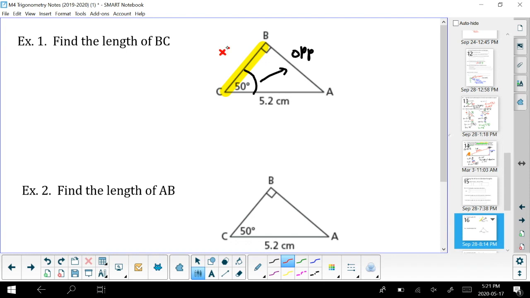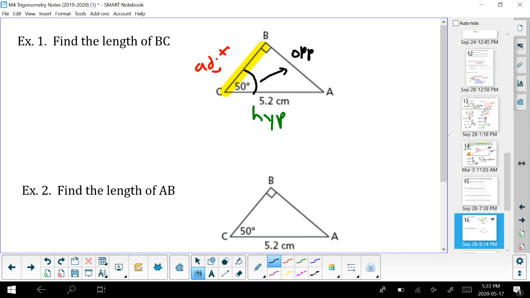Now, since I've already labeled my opposite side, let's label the hypotenuse, and the hypotenuse, again, is directly across from the right angle, and that right angle is angle B. So directly across from angle B is the 5.2, which means that my side length of x, or referring to BC, is going to be my adjacent side.